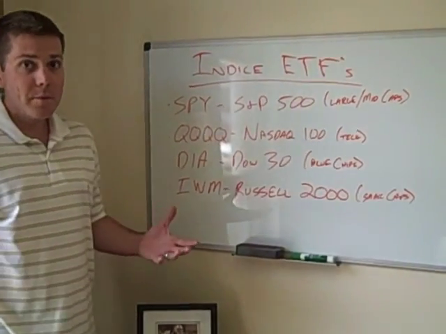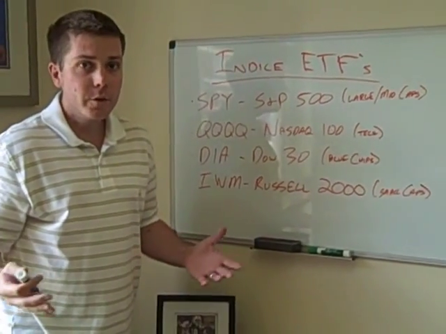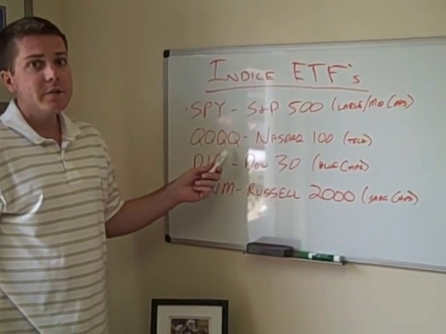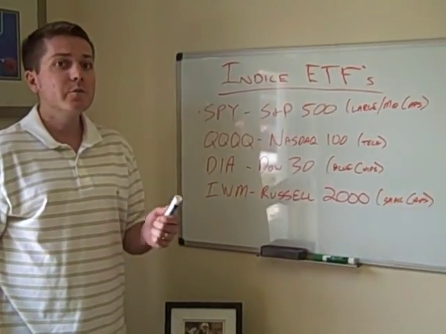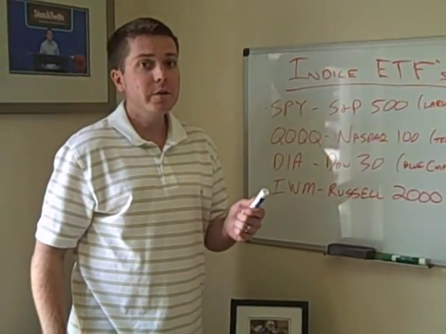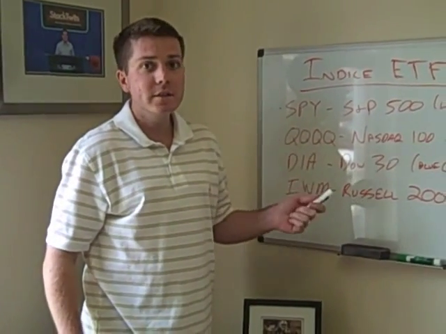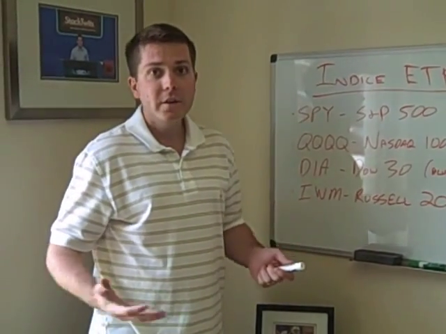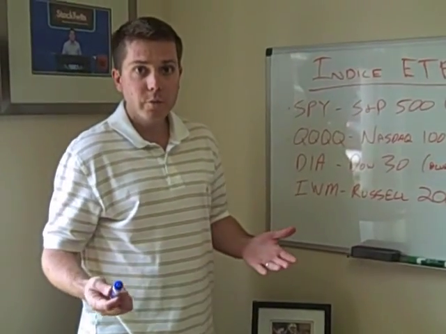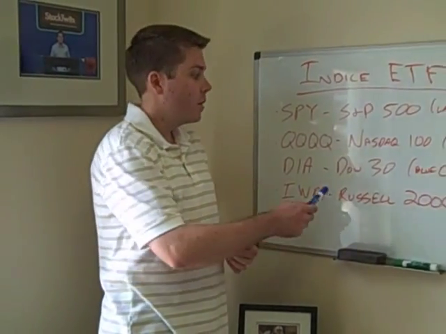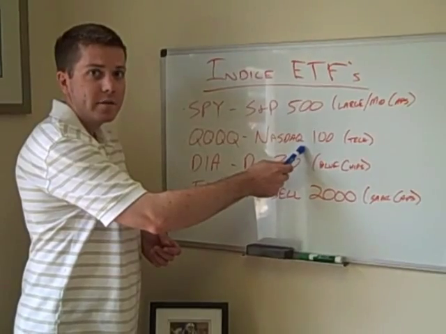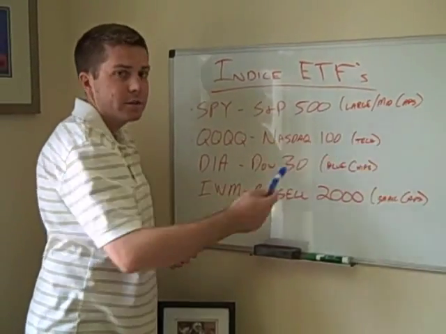Now, what do I mean by relatively strong, relatively weak? You want to use these as your benchmark for whether a stock is relatively strong or relatively weak to its respective indice. Let's say, for example, Broadcom. It's a tech stock, so its respective indice would be QQQQ, the NASDAQ 100 ETF, which represents tech stocks.